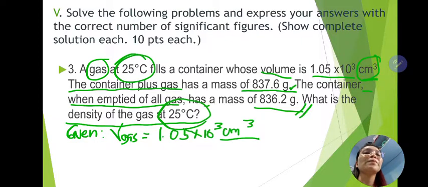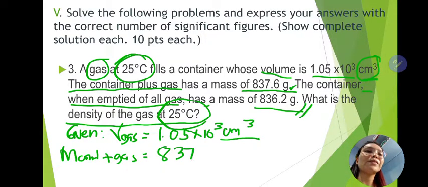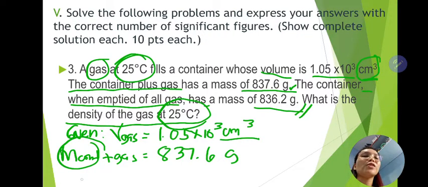So this is the volume. Then we have the weight, mass, weight and mass are the same, of the container plus the gas. So that is equal to 837.6 grams. So paano natin tatanggalin yung mass ng container? So given sa atin yung mass lang ng container itself.